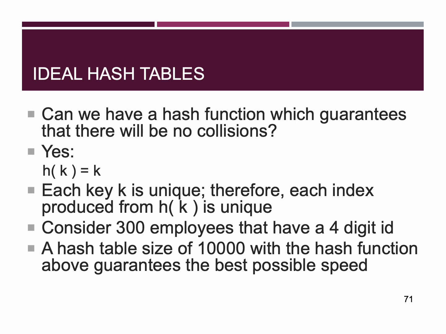Let's say we have 300 employees, each with a unique 4-digit ID. If we set up a hash table with a size of 10,000 using the employee ID as the direct index, we achieve an ideal setup where each employee's record is stored at a unique index. This provides the best possible speed because there's no need for any collision handling.